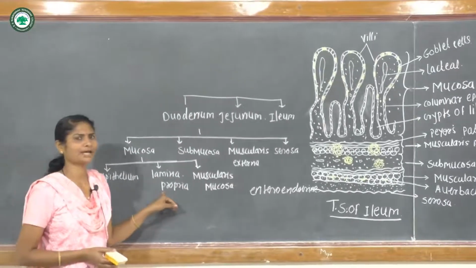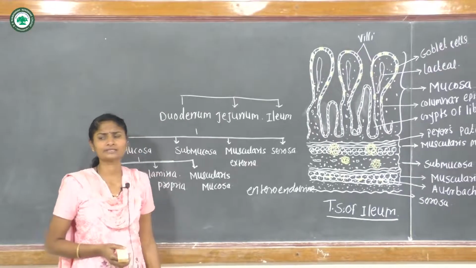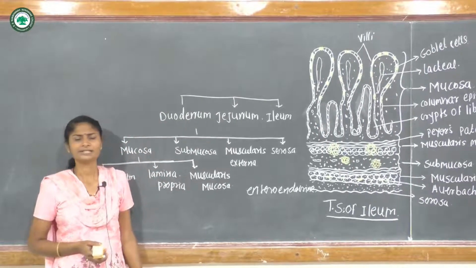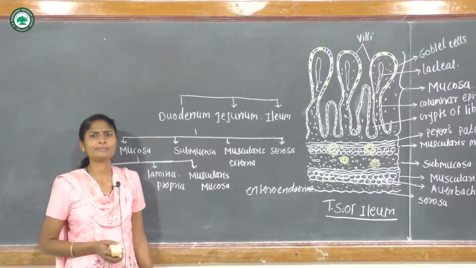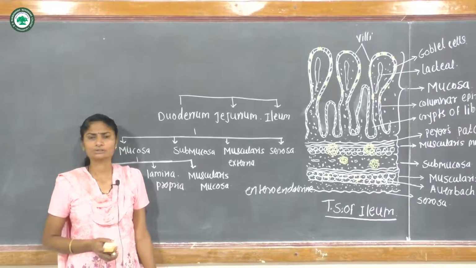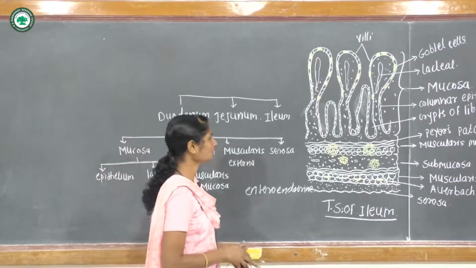This lamina propria layer is composed of collagen fibers. The lymphatic cells are closely packed together, also called follicles or nodules.